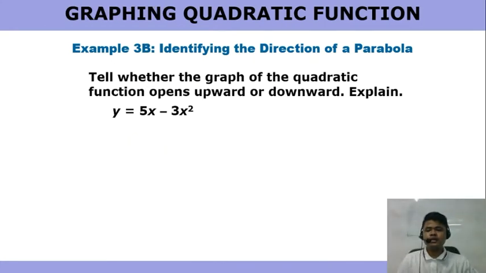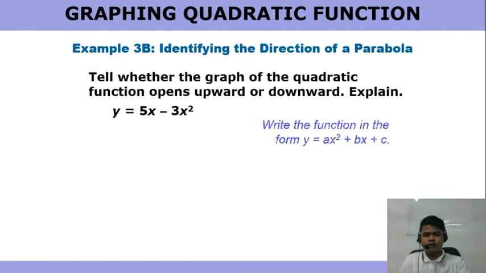Okay, next. Tell whether the graph of the quadratic function opens upward or downward. Then explain. Dito, ang gagawin natin, write the function in the form of y is equal to ax squared plus bx plus c. So, iti-change na natin ang position ng 5x at minus 3x squared.